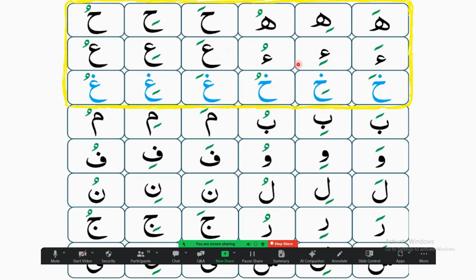This sound of Hamza is articulated from the lower portion of our throat, and this Ayn comes from the middle portion of our throat. Then these two letters are articulated from the upper portion of our throat, and we say kha, khi, khu, and then gha, ghi, ghu. Okay, I hope that the sounds are a bit clear to you.